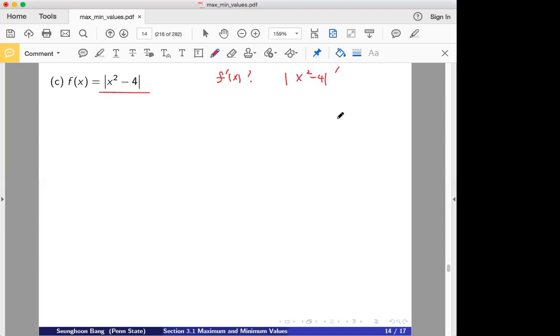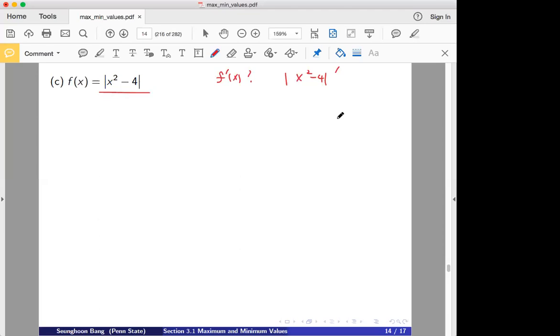It depends on x squared minus 4. When x squared minus 4 is positive, you can use 2x. When x squared minus 4 is negative, it's negative 2x. We have two possible answers. You're right, but sometimes it's not easy to find f prime of x with an absolute value sign.